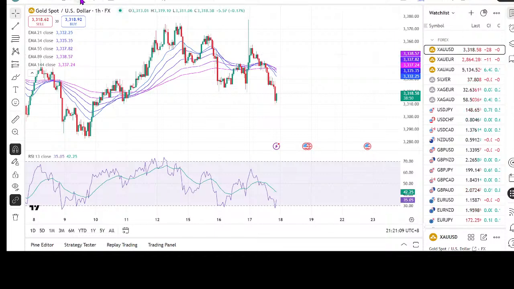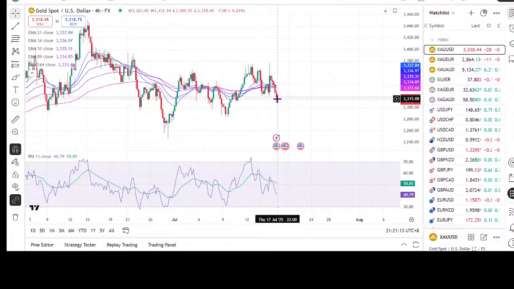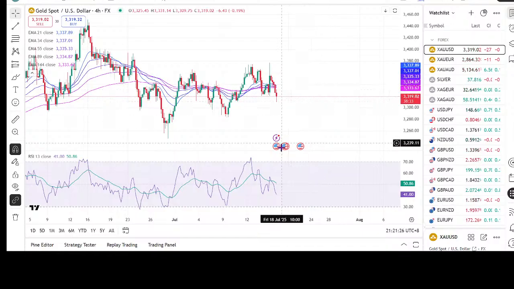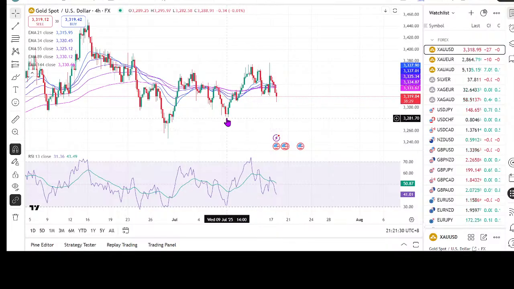Overall, the 4 hour is still pointing down, and this 4 hour is going to end in another 40 minutes. So this is still in a downtrend, and we have yet to see the low. Most likely we should be seeing the price heading towards this level.